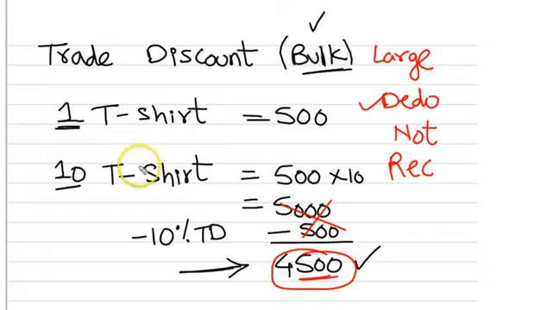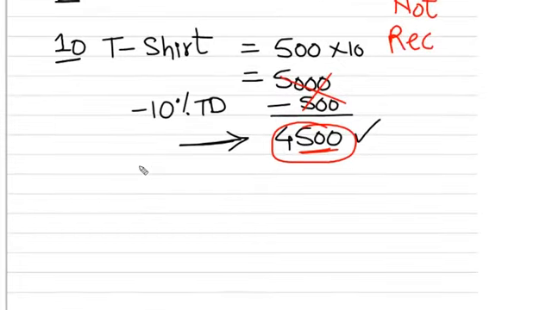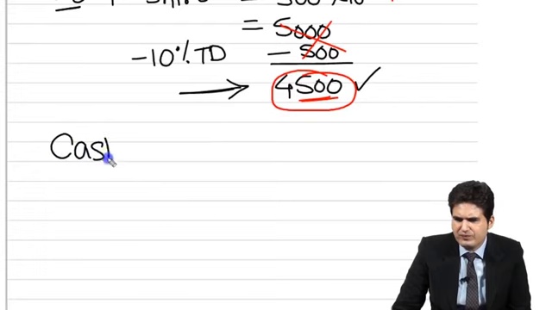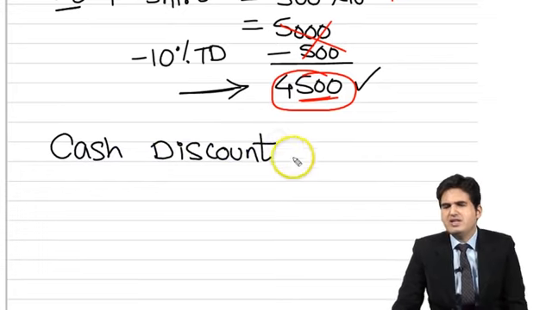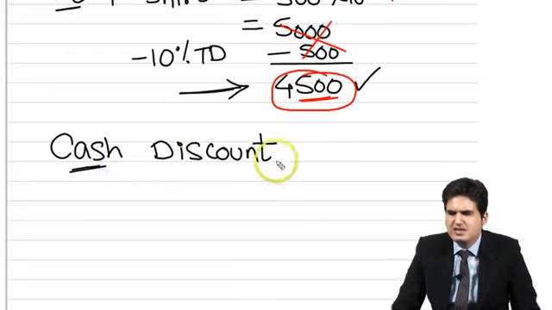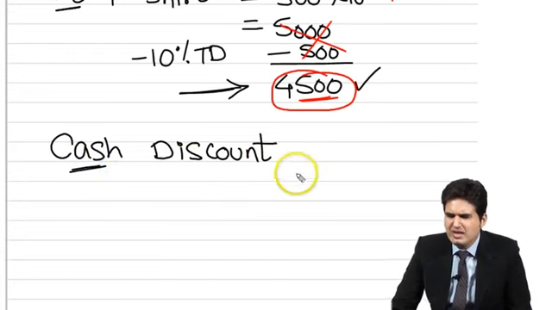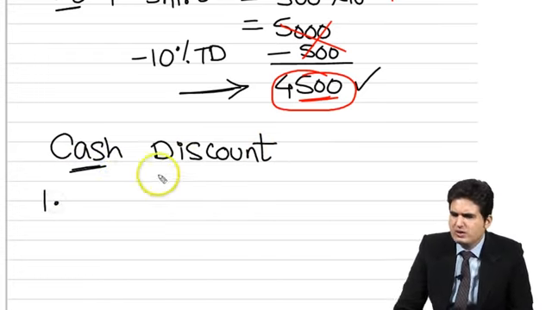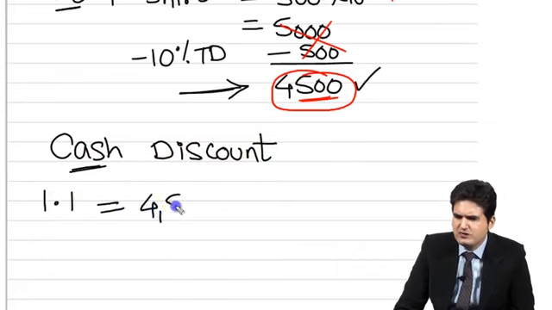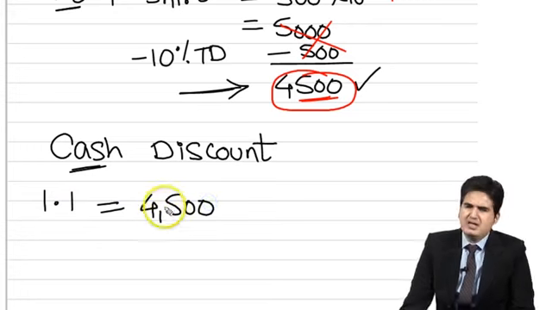Now let us also understand the concept of cash discount. As the name suggests, cash discount is always for prompt payment, or for making a cash payment within a specified period. So, as the name suggests, this relates to cash. So let us say I buy goods of 4,500 rupees on 1st of January, right?